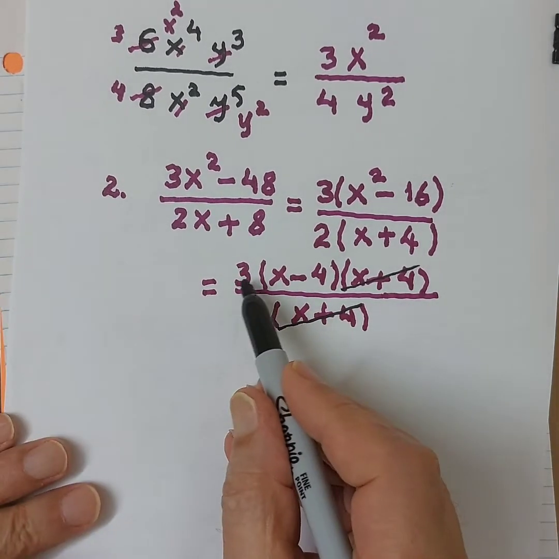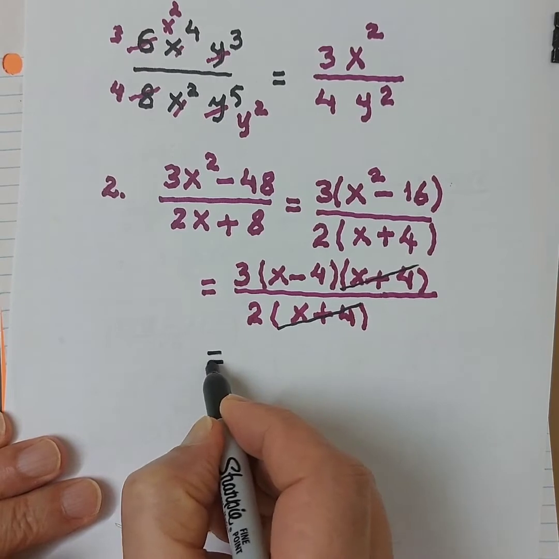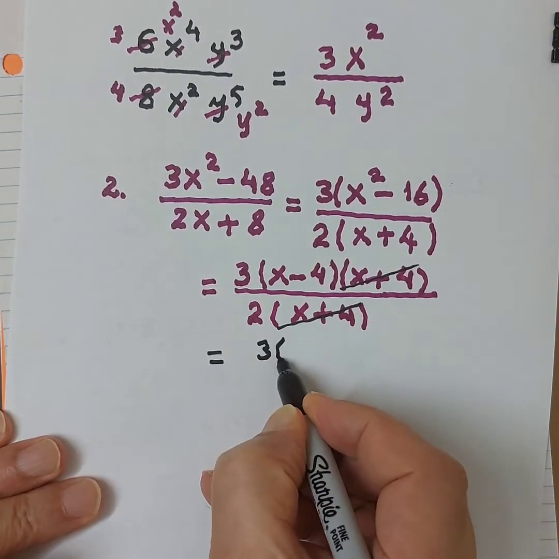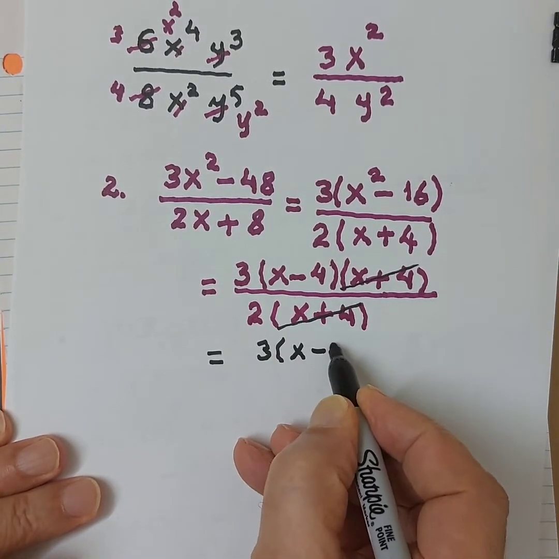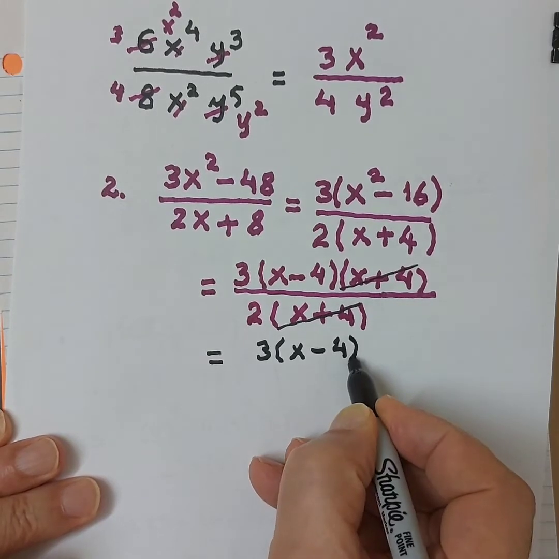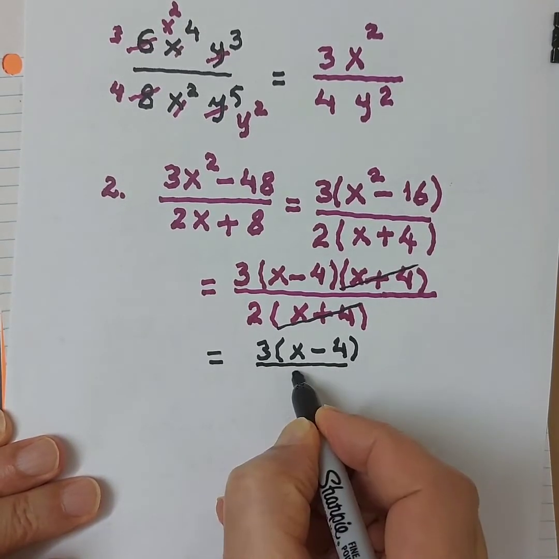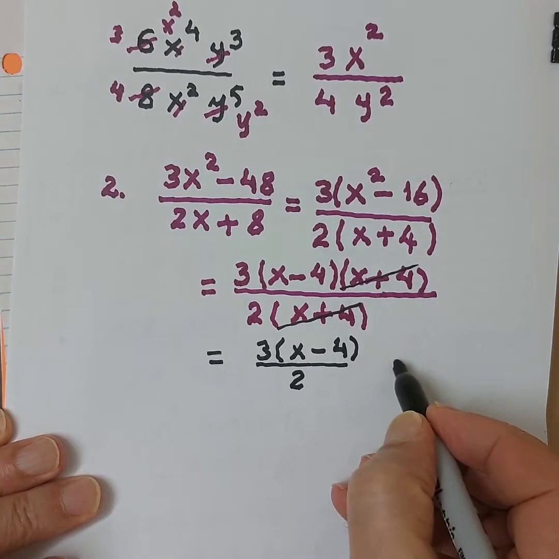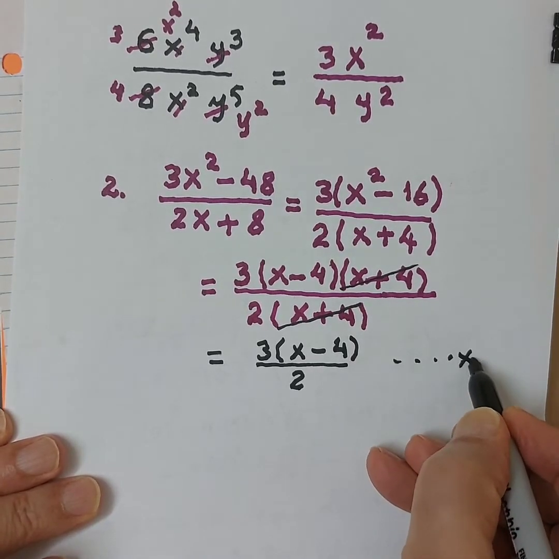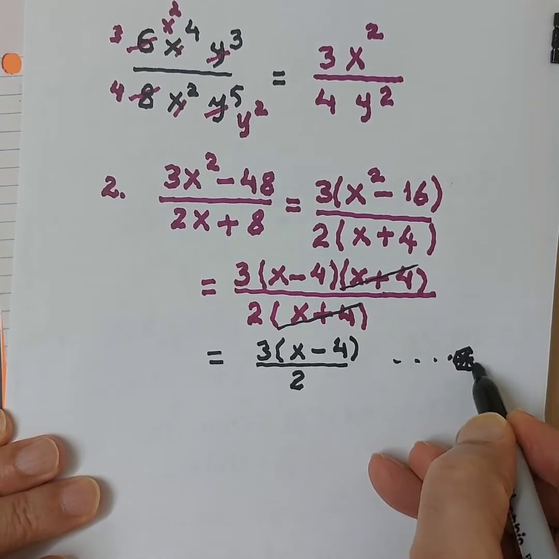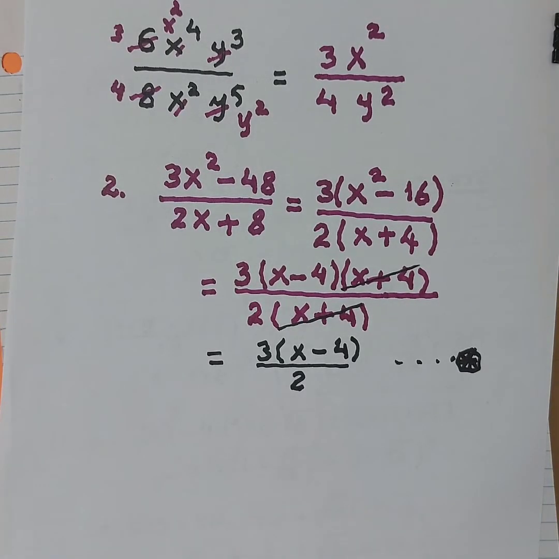The remaining are 3 times x minus 4 over 2, and this is the end or the result of the simplifying. See, so when we have any common factor, we start to take it out, and in the remainder we will look if there's any factoring, we will do it.